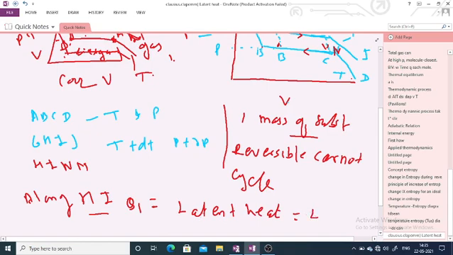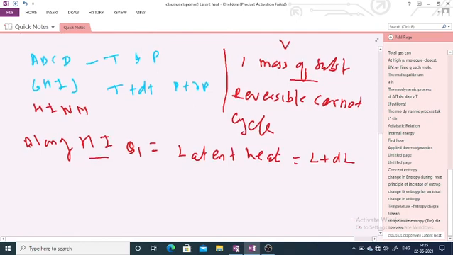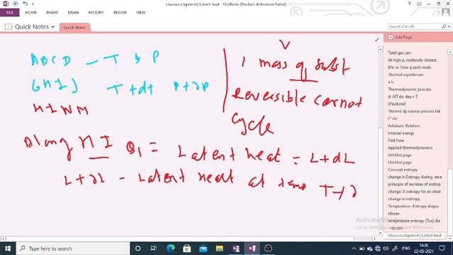Now in this case, Q1, the amount of latent heat, must be equal to L plus dL. It is the amount of heat absorbed by the substance at the temperature T plus dT.